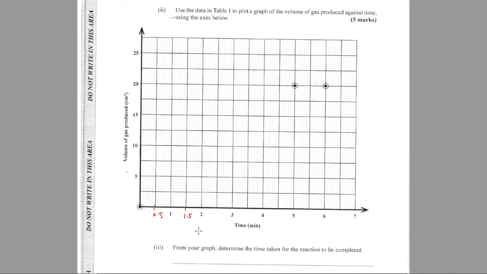So we'd have 0.1, 0.2, 0.3, 0.4, then 0.5, and so on. On the y-axis now, we see where 2 centimeters are being used to represent 5 cm cube. So it means that each of these little millimeter boxes would be representing 0.5 cm cube.